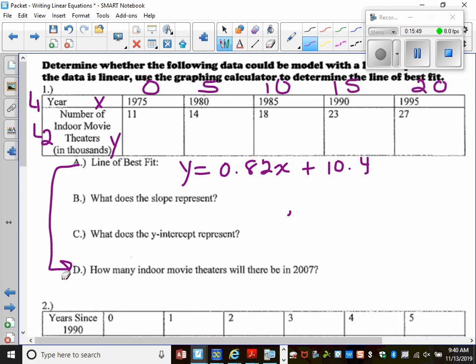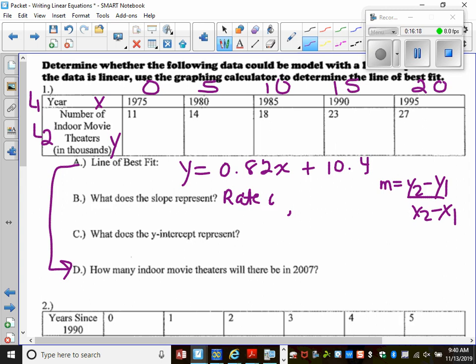So now we want to know, well, what does the slope represent? Okay, let me ask you this question. Remember when we do slope, our slope is y2 minus y1 over x2 minus x1. Okay, remember I told you that the second line in your table, that's your y, correct? And another name for slope, does anybody know another name for slope?